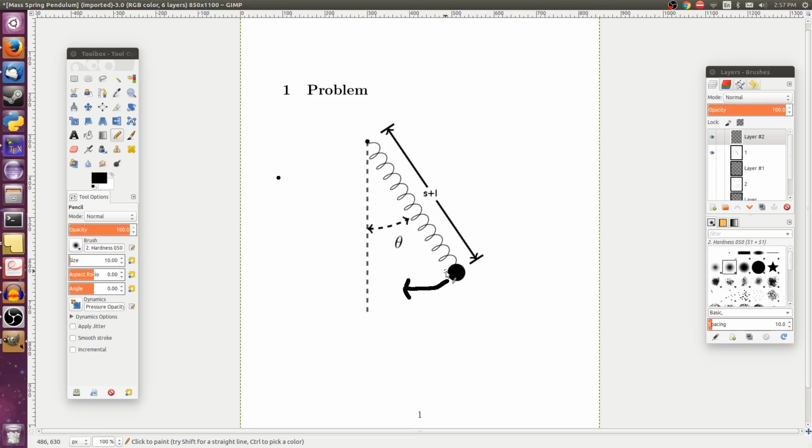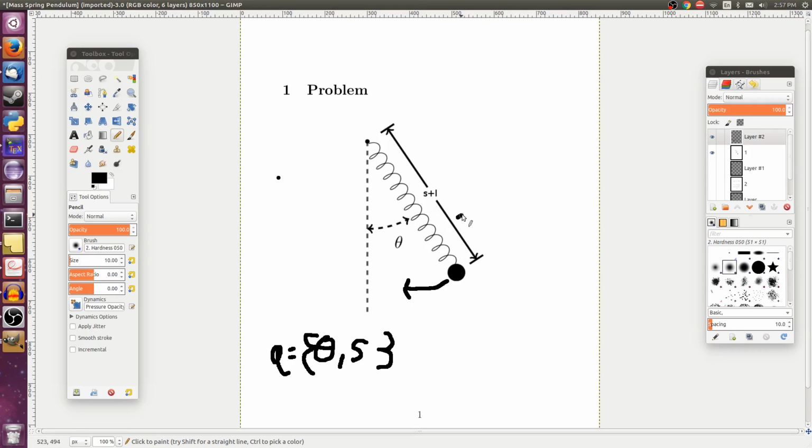And our choice of generalized coordinates is going to simplify the problem, however. So the coordinates that we're going to want to use are that theta angle and some coordinate s, which we'll call its displacement from its equilibrium value.